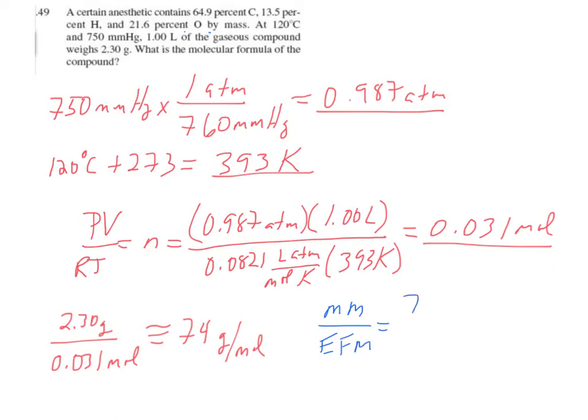So our molar mass was 74, and our empirical formula mass, remember, we had 4 carbons, 10 hydrogens, and an oxygen, and that equals 74. So 74 divided by 74 gives us 1, so our actual molecular formula was the same as the empirical formula, C4H10O.